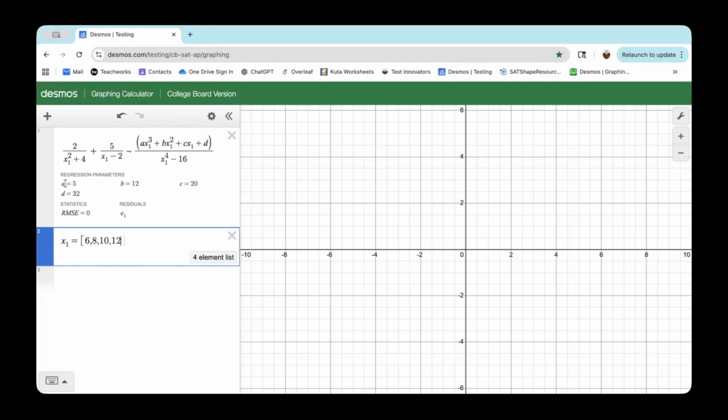It would be x values, and then it can have these other letters as constants. It'll find all the constants given whatever values you plug in for the variable, which in this case is x1. Okay, thank you. All right, got it. Yeah, you're right, this way's a lot faster.